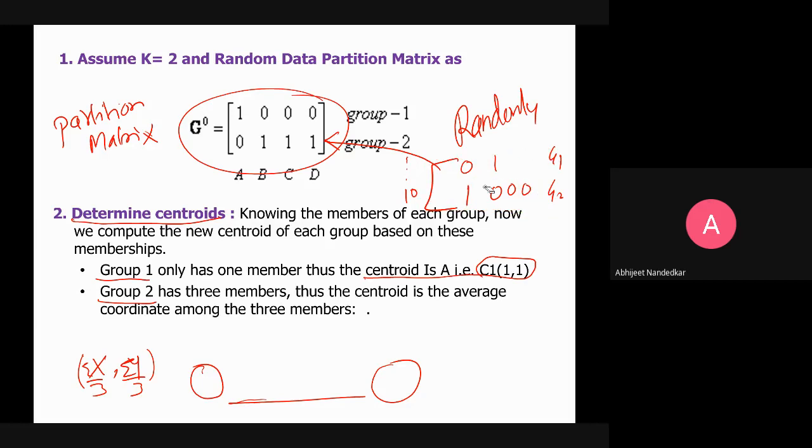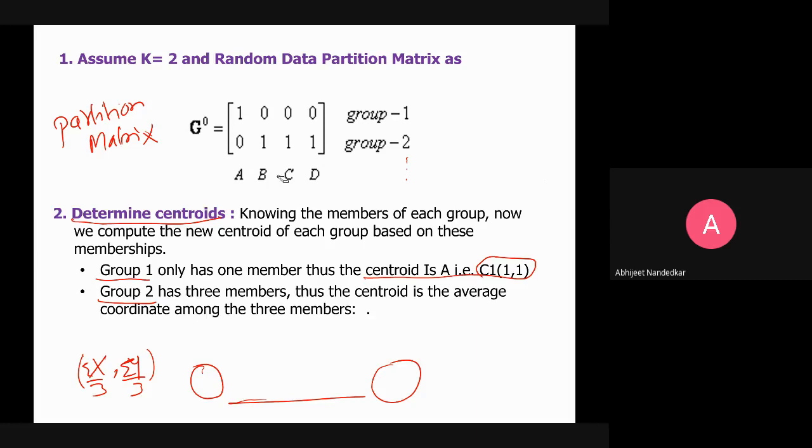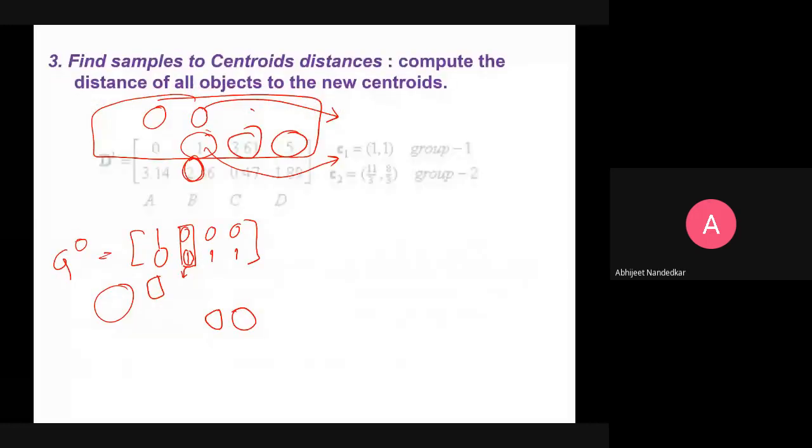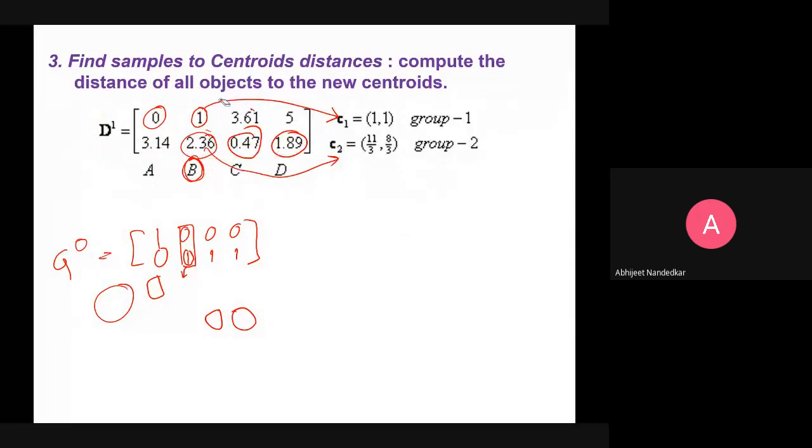We can call group 1 as group 2, and group 2 as group 1. That doesn't matter. The only thing that matters is what that group consists of. So the first step is to randomly assume this and then calculate centroids. Once you calculate centroids, you calculate the distance from each centroid to each sample.